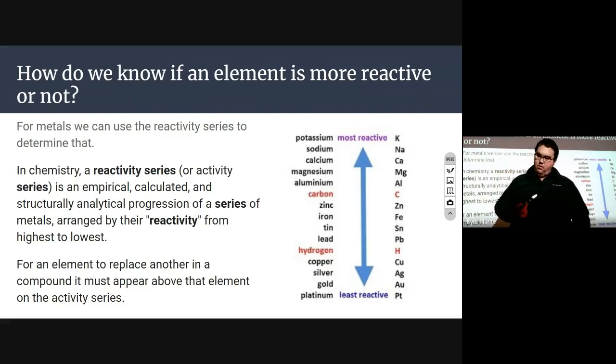But if you had lead chloride and you put a piece of gold in there, because gold is lower than lead on the activity series, the reaction doesn't occur. So in order for the reaction to occur, the free metal has to be higher up on that activity series than the metal that's in the compound.